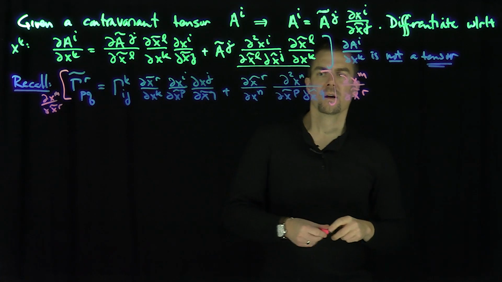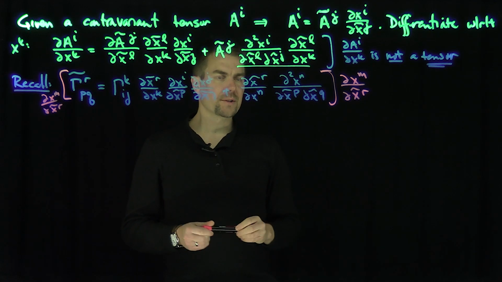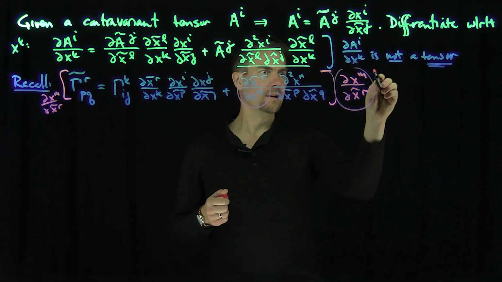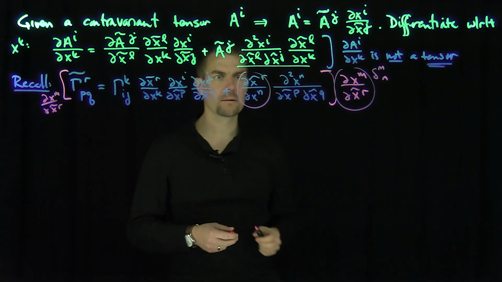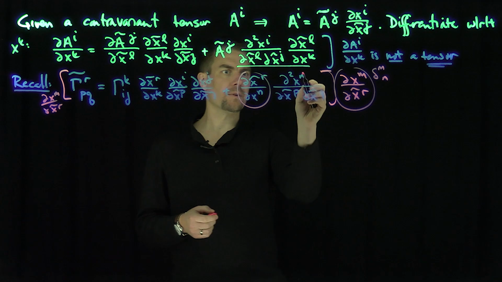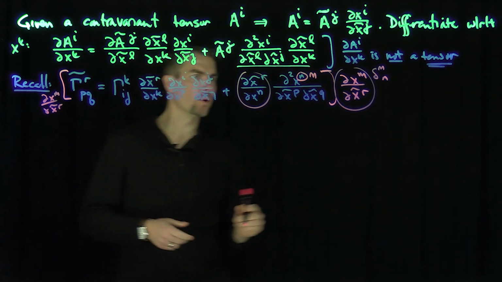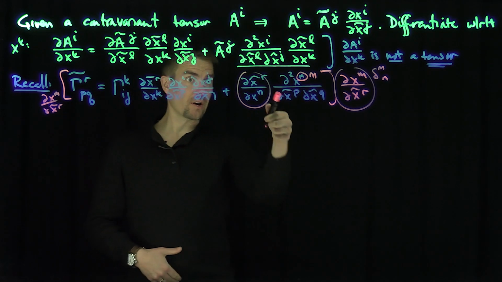These terms will generate a delta mn, and so I'll replace the n's over here with an m. Excellent. And then I can actually use this to solve for the second derivative.